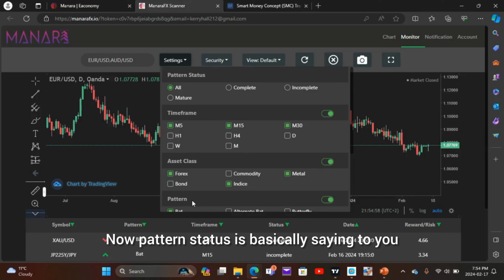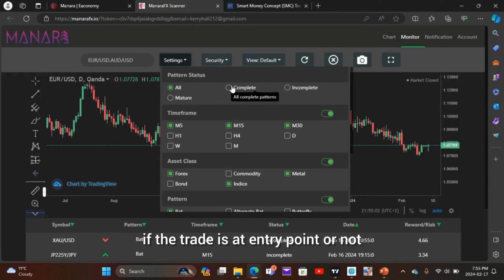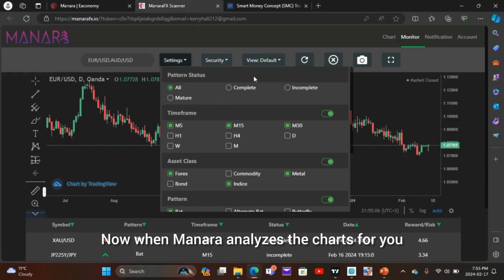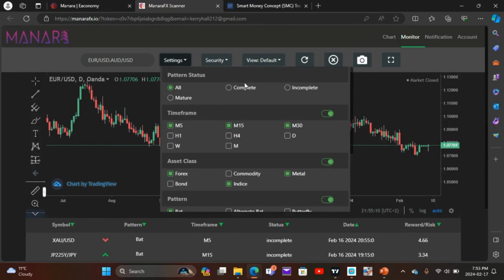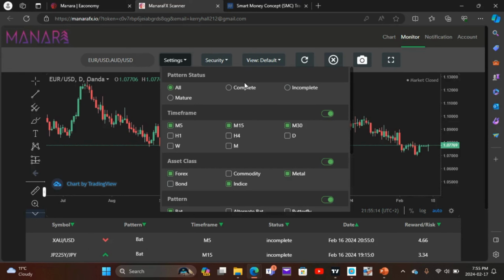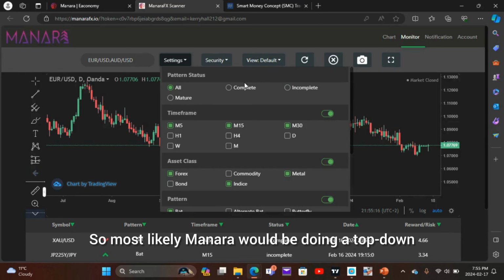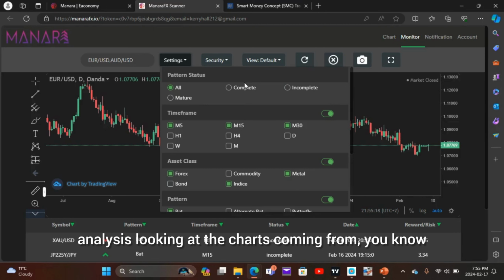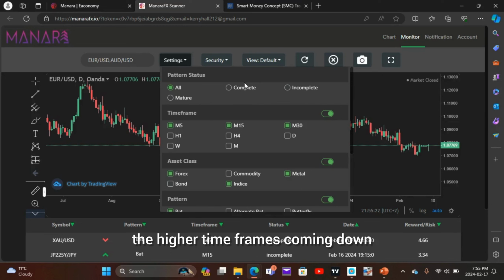Now, pattern status is basically saying to you if the trade is at entry point or not. Now, when Manara analyzes the charts for you, they come up with the trade ideas based on previous data. So, most likely, Manara would be doing a top down analysis, looking at the charts coming from the higher time frames coming down.